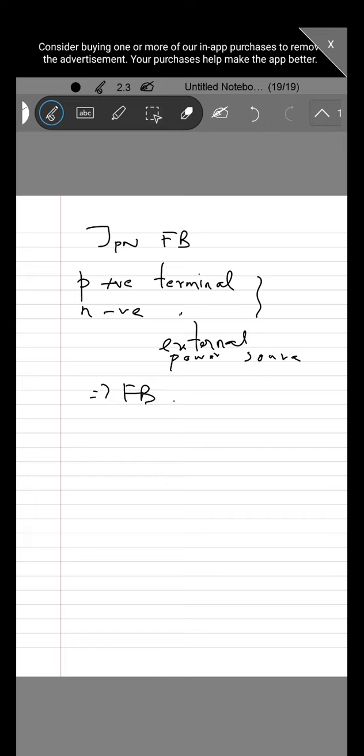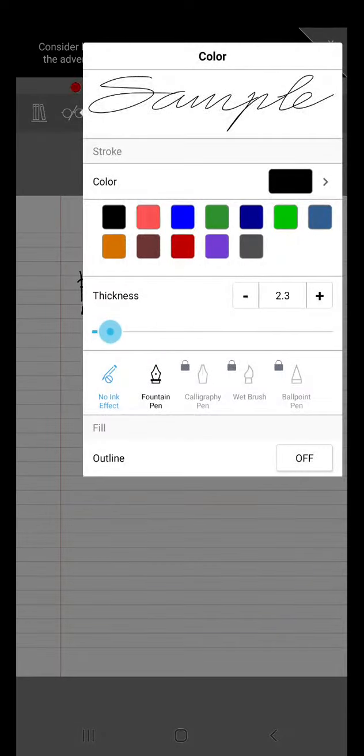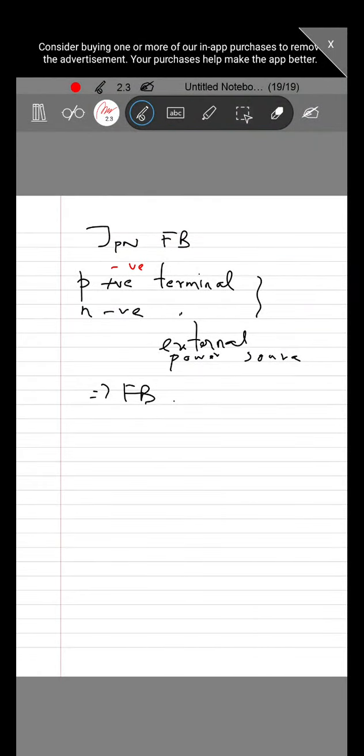And if it is the opposite, that means if the P side is connected to the negative terminal and the N side is connected to the positive terminal, then it is the reverse bias.